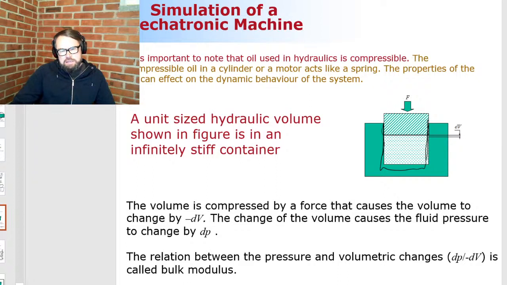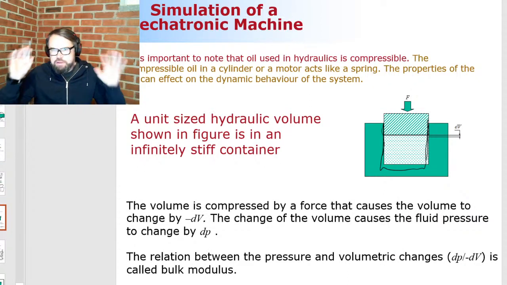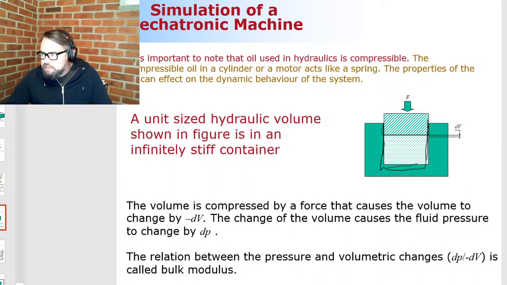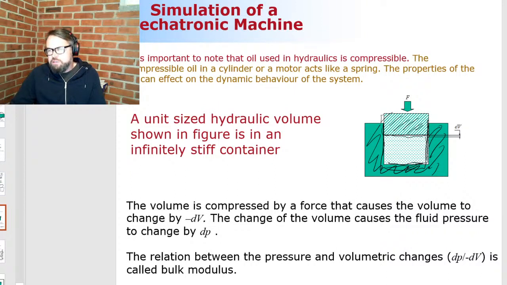Every material is deformable. But let's hypothetically say that this is a rigid container which does not deform no matter what. Then we have a unit amount of fluid inside, and there's a lid, and the lid too is made out of rigid material. All the mechanical components here are rigid.